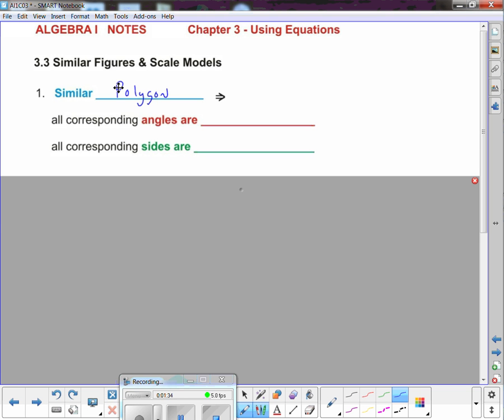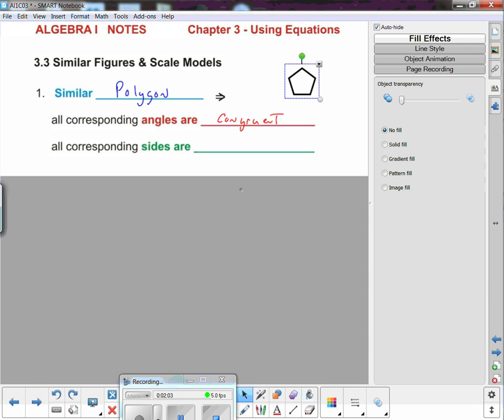Now, similar polygons, we're talking about two of them. And what makes them similar? Well, all the angles are congruent, meaning those angles are exactly the same size and shape. Let me do a pentagon here. Let's fill it in. Let's make it colorful.